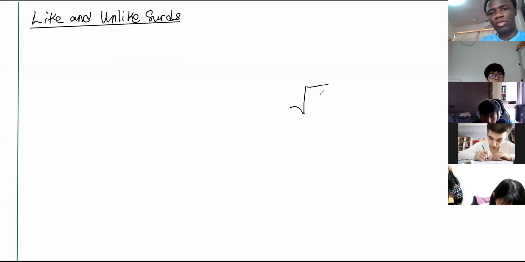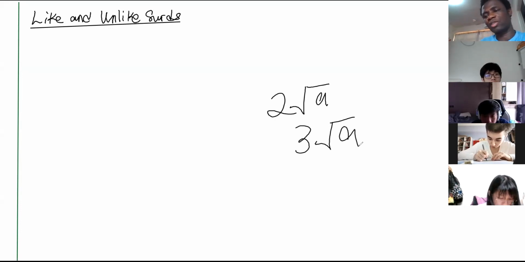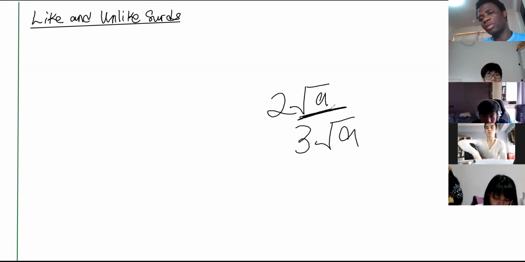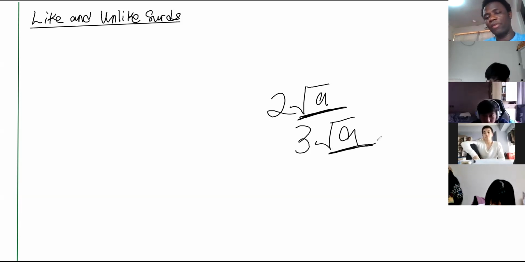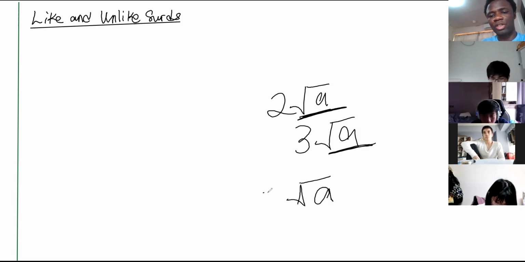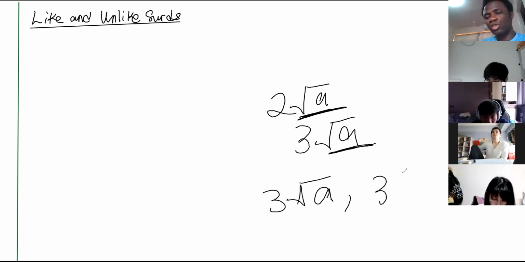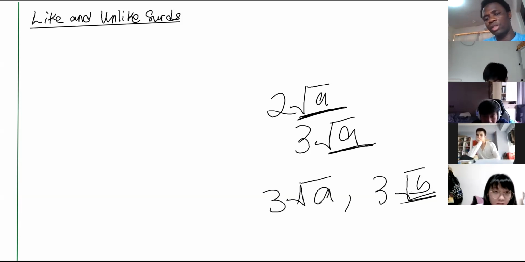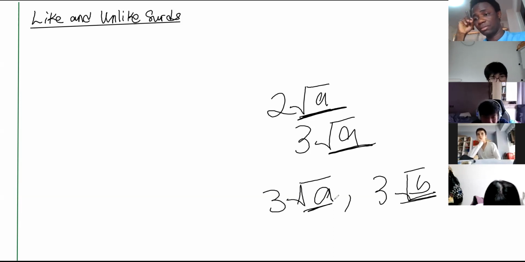So let's say you have root A, maybe 2 root A and 3 root A. They are like surds because they have the same radical. If they have the same radical, they are like surds. If they are different radicals, they are unlike surds. So if this is 3 root A and this is 3 root B, they are not like surds because they have different radicals. Does that make sense?